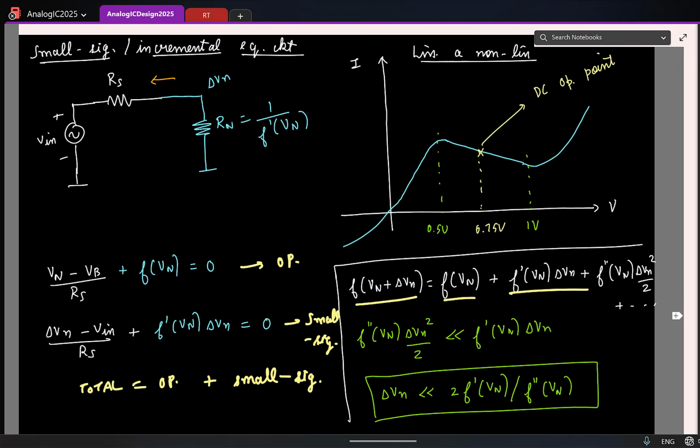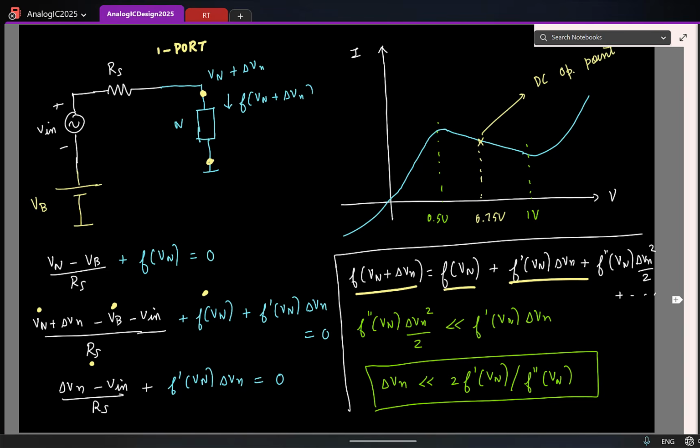So now, it also turns out that there is a real device that has a characteristic like this, called tunnel diodes. If you want, you can check it out. But we don't use such one port devices for amplification for a simple reason.